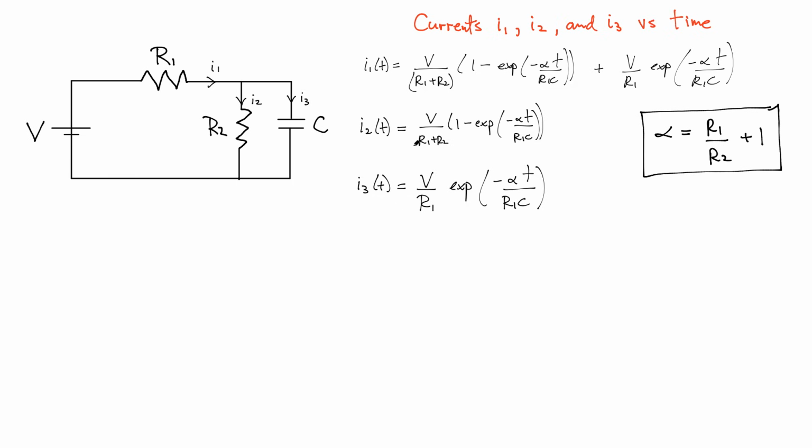Now we can look at the two limits that we first started with. What happens at time equals 0? What happens at a very long time? Now I can see what long time actually means. Long time simply means that the time is much bigger than this term over here, R1C divided by alpha. This is kind of the long time period.